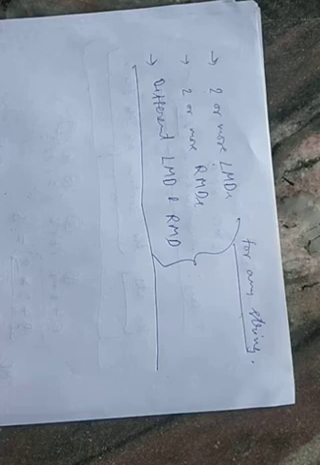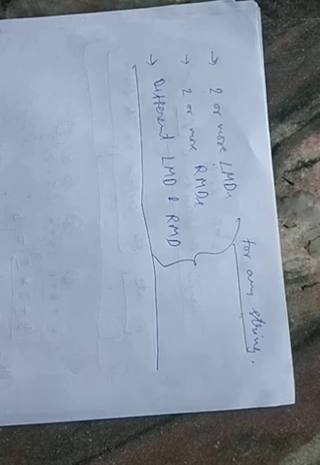From these three, if you can generate any one, then you can prove that the particular grammar is ambiguous. Now I hope you got what an ambiguous grammar is and how to prove that a grammar is ambiguous.